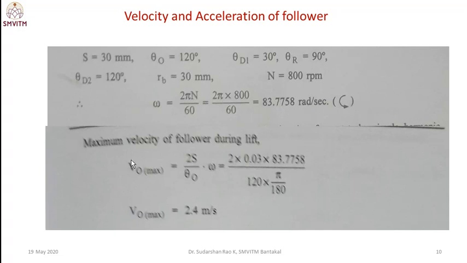Then the maximum velocity of the follower during the lift is 2 S omega by theta O. Theta O is 120 degree, which should be converted to radians by multiplying by pi by 180. The maximum velocity during the outstroke is 2.4 meter per second.